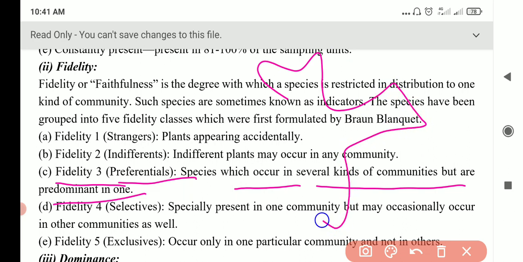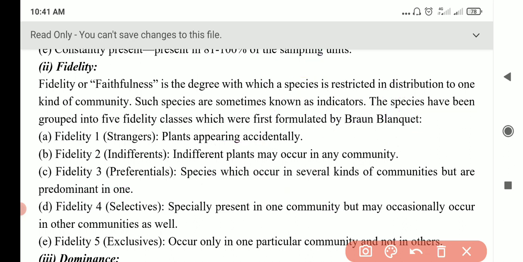It first appeared in our place, in the northeast, but there are other Eupatorium in, let's say, J&K, and different species maybe on the Malabar coast. So they appear in several communities, but they would prefer to be in one. They will be predominant in our place, because we are in the northeast, in the hotspot. We have many good plants.